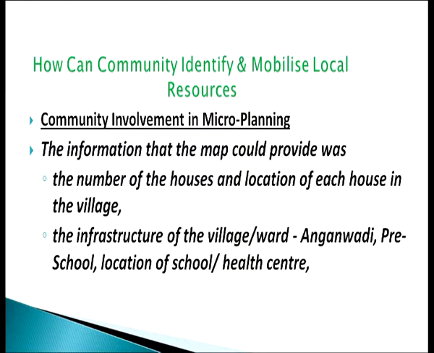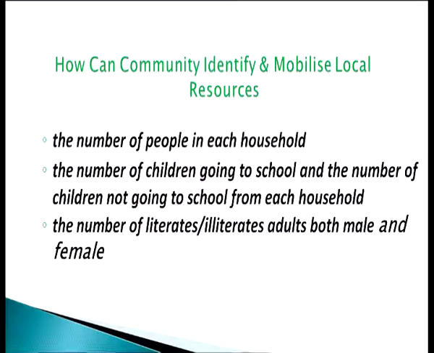The information of the village and ward, the availability of facilities like Anganwadi or any other preschool, location of the school, health care centers, number of people in each household, number of children going to school and the number of children not going to school from each household, the number of literates, illiterates, adults, both male and female. These type of information we will be needing for micro planning.